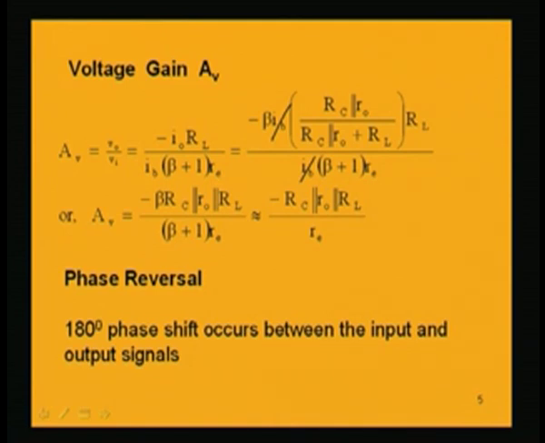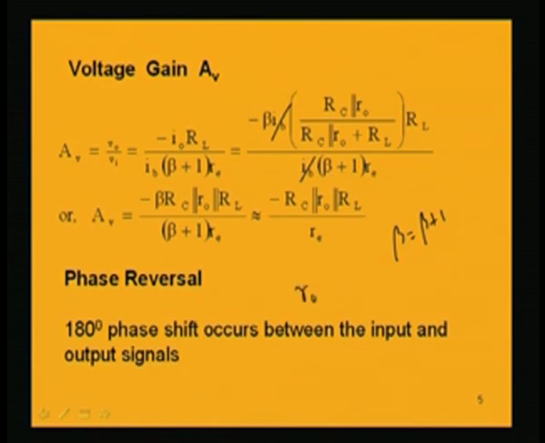Now, as beta and beta plus 1 are almost equal, because beta is a high value, suppose 100 and 101, there is not much difference, so we can conveniently cancel them out. That gives a further simplified expression, minus RC parallel R naught parallel RL by RE. Here again, if R naught is very high, we can ignore R naught.